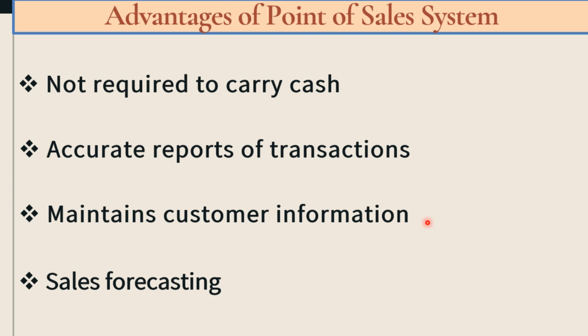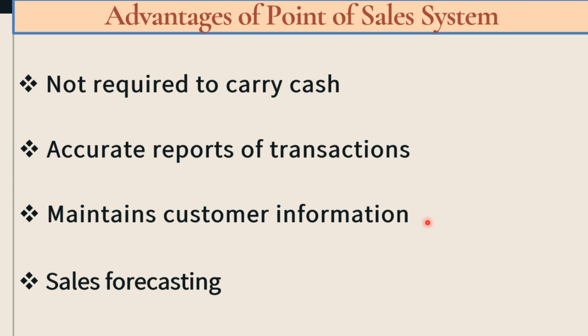This customer information will be helpful for sellers to prepare plans or to give discounts to their customers. If the customer is a regular customer of that particular shop owner or seller, he can give certain types of discounts and offers to those customers.